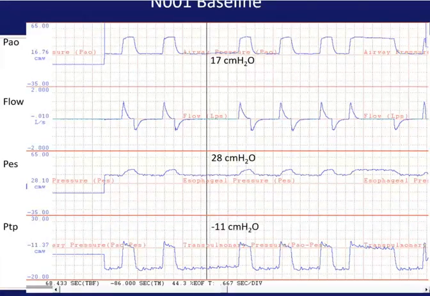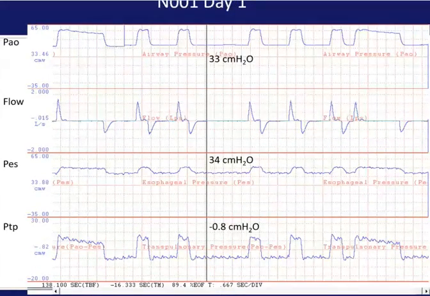And the transpulmonary pressure was -11 at end expiration. So this patient randomized into the treatment arm and was managed according to the esophageal pressure. And in order to bring the transpulmonary pressure up to an almost positive number, I think they lost their nerve at the last minute, they had to go to a PEEP of 33, and this patient survived.